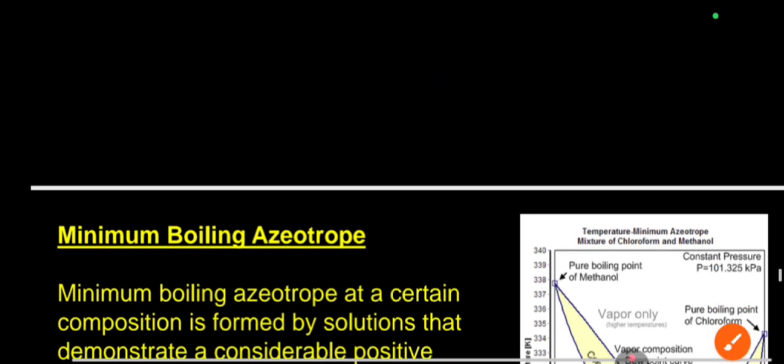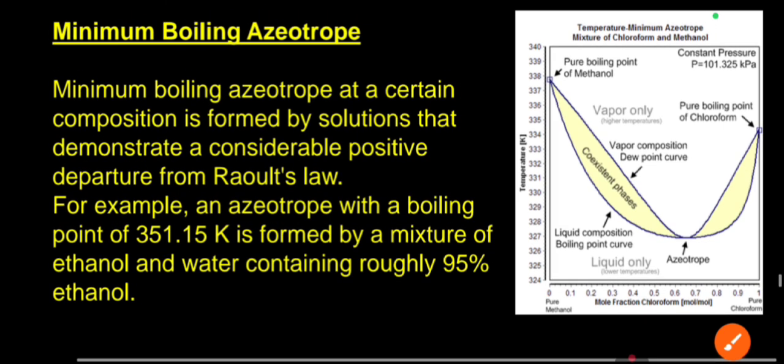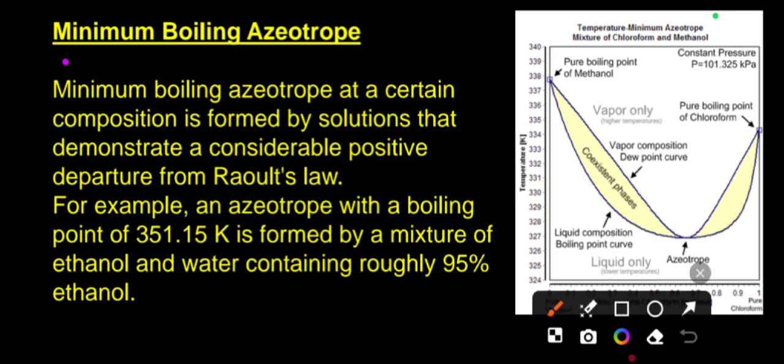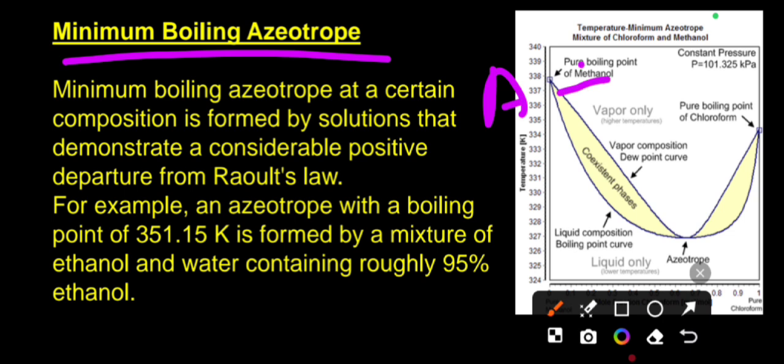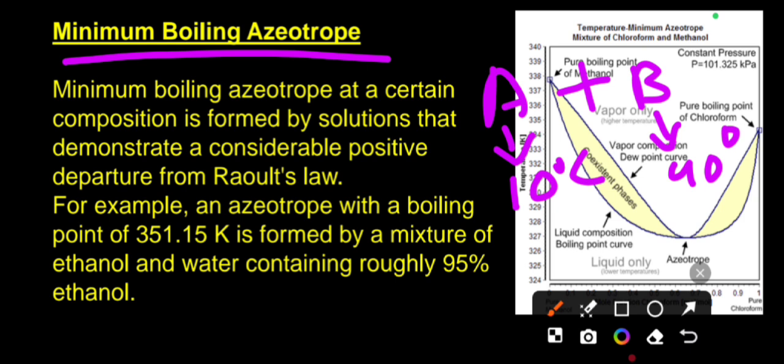Okay, so there are two types of azeotropes. One is the minimum boiling azeotrope. What is the meaning of minimum boiling azeotrope? If you have two components A and B, just as we already took the example of ethanol and water, suppose one's boiling point is 10 degrees Celsius and the other's is 40 degrees Celsius.